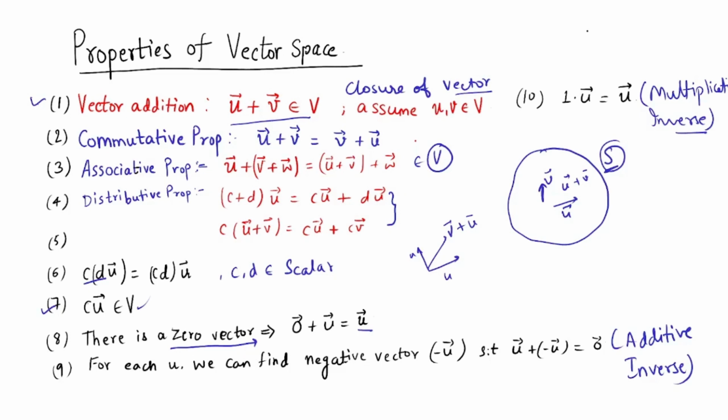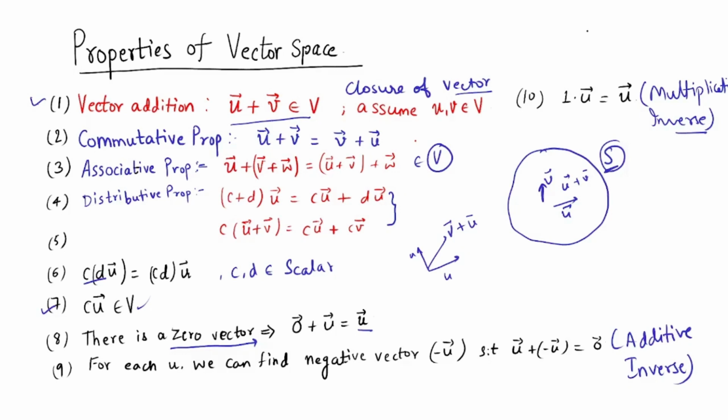Then the commutative property, which is followed for addition as well as for multiplication. Then the associative property, where you take three vectors, assuming that these three vectors are included in the vector space, then the order of that addition will be equal.